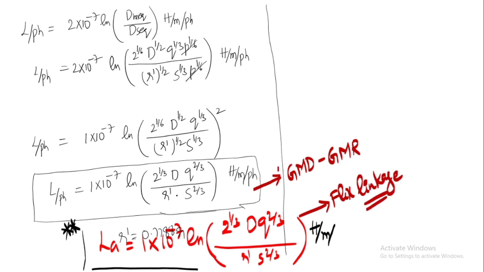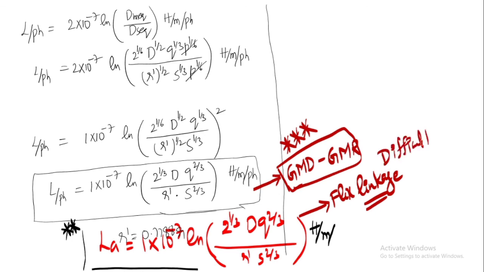But this method is helpful for any type of configuration. In order to solve numerical problems, you need to apply only the GMD and GMR method, because the flux linkage method is difficult to apply for each and every problem. So you can go for the GMD and GMR method only for numerical problems.